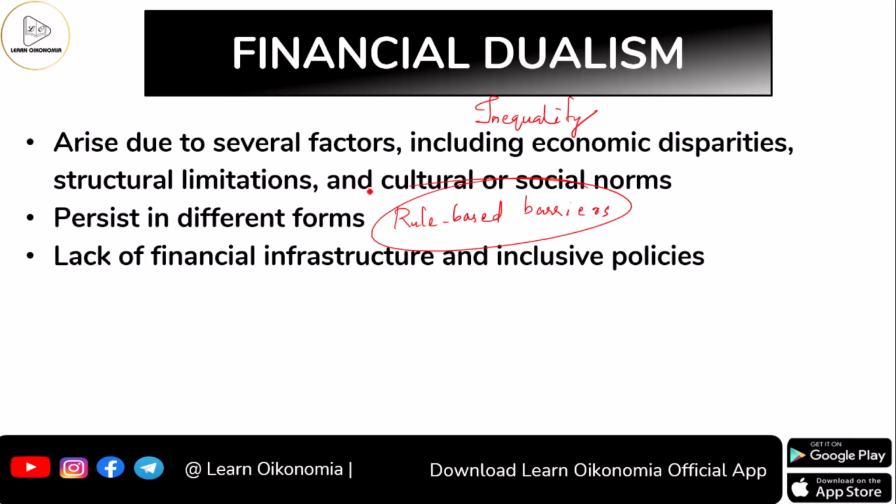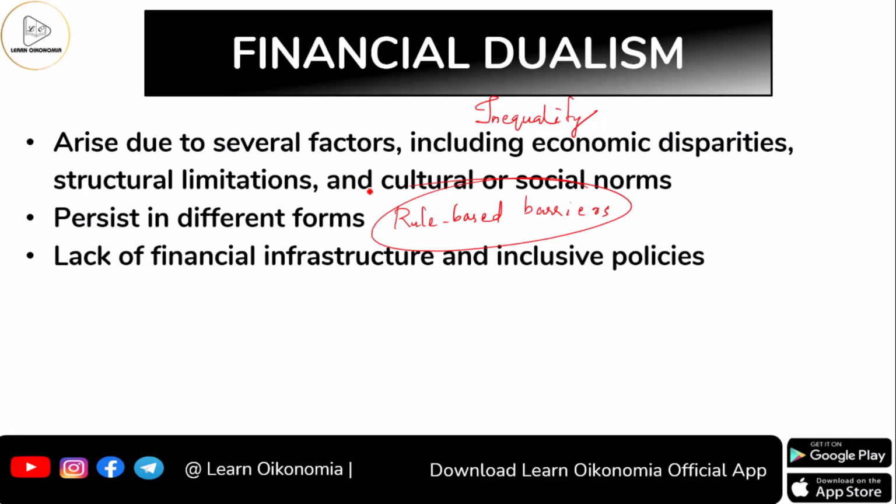But even though this kind of financial system, informal money lenders or the informal financial system, arises due to several factors, it will definitely persist in different forms. Mostly it is highly exploitative. Sometimes it would become less exploitative.